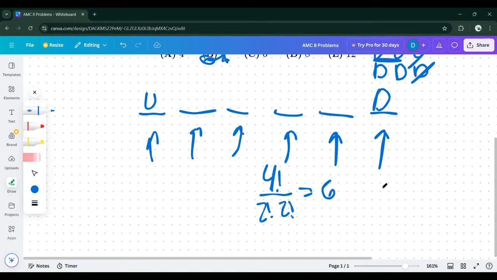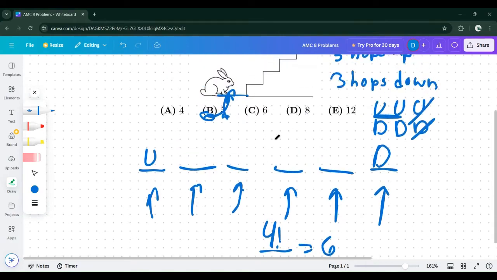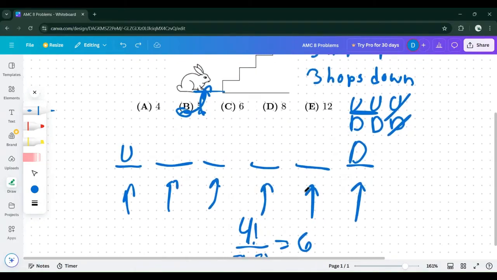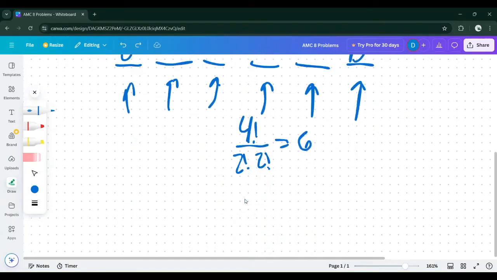You can just count it yourself as well pretty simply. There will be 6 ways to arrange 2 U's and 2 D's in these 4 slots.